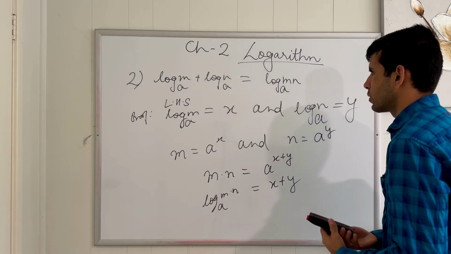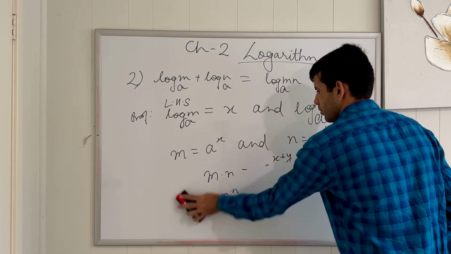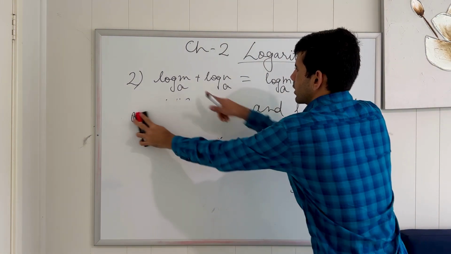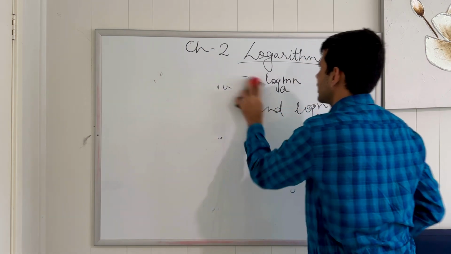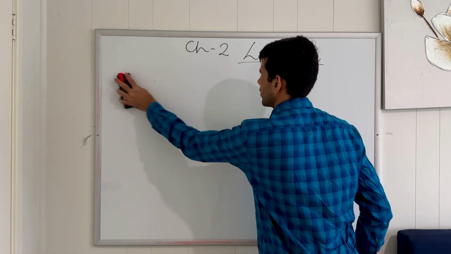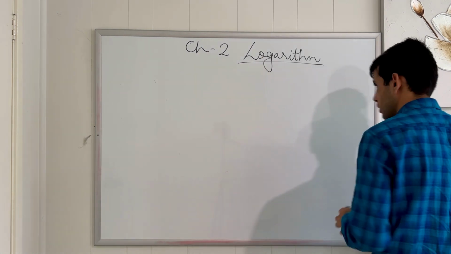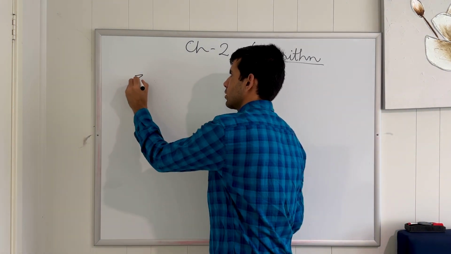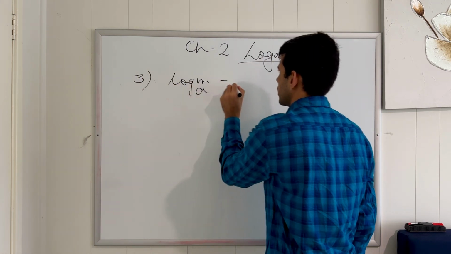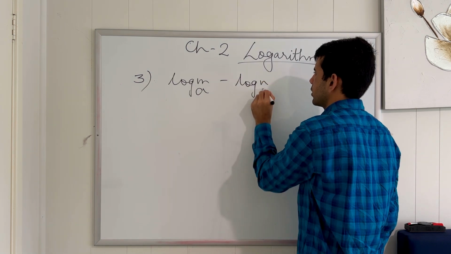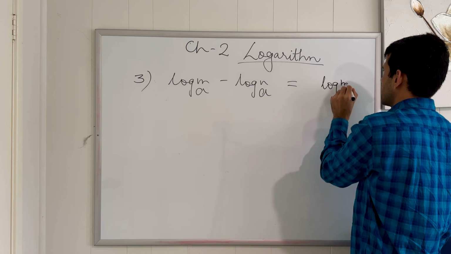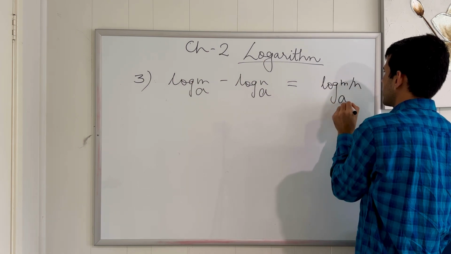So similarly, the third property is about the division or the negative sign here. Instead of plus, it's minus here. So property 3 is log m base a minus log n base a is equal to log m divided by n base a.